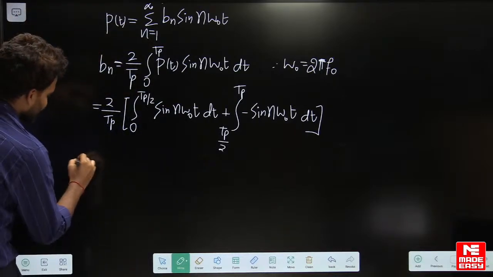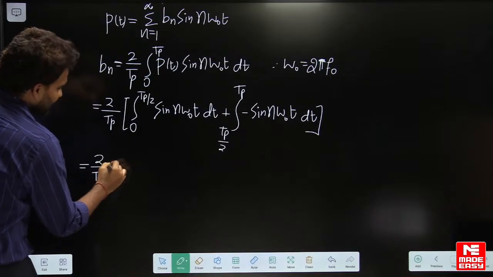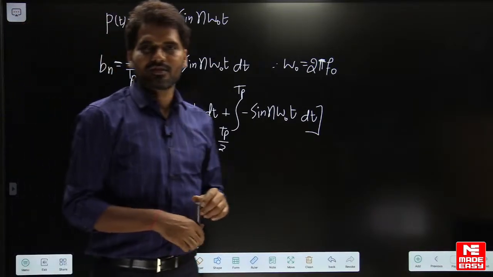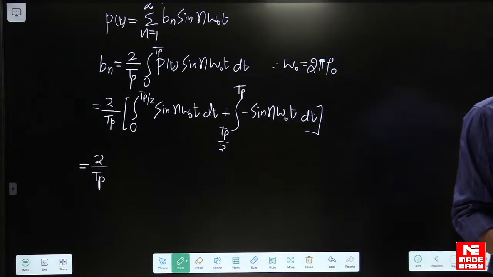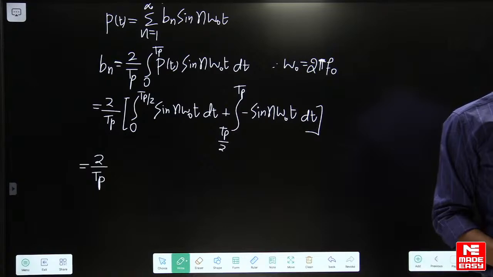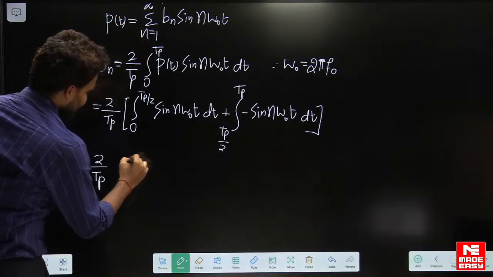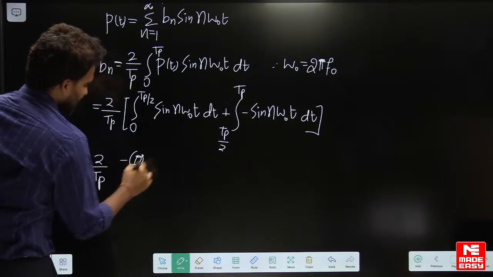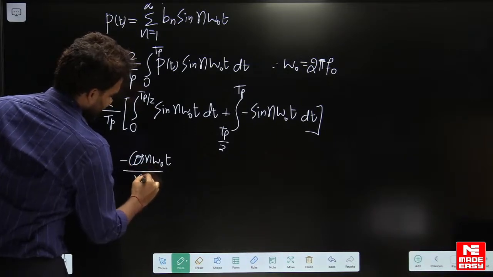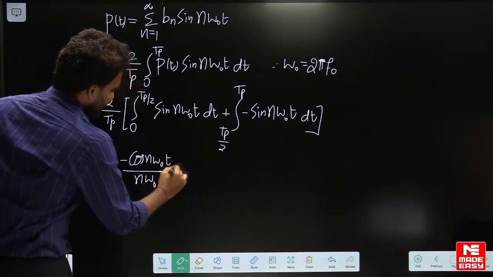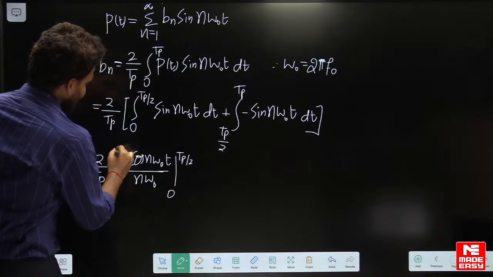If you do this integration, this is 2 by Tp, and integration of sine will be minus cos. So this is minus cos n omega naught t by n omega naught, from 0 to Tp by 2.